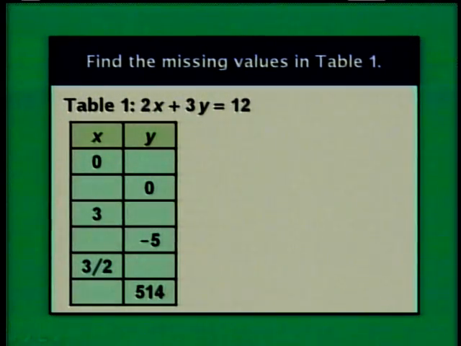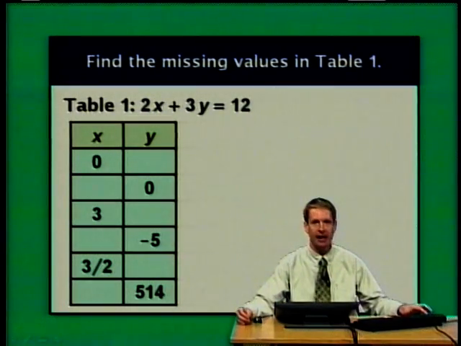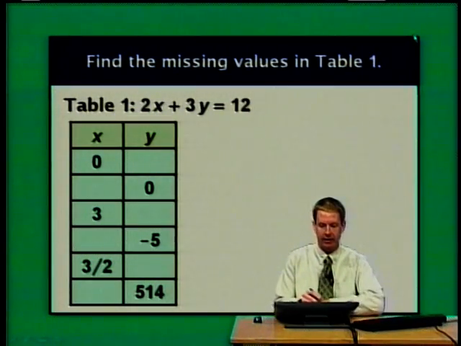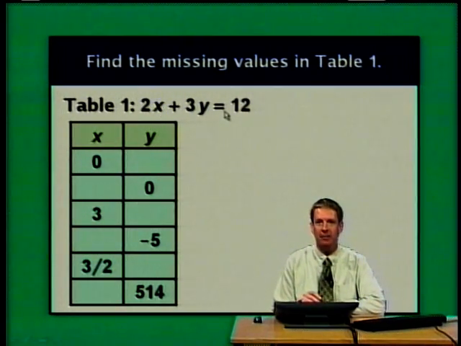Let's find the missing values in Table 1. So let's notice that in Table 1, we are given an equation. We're given the equation 2x plus 3y equals 12. And somebody's gone ahead and typed in some values for x in some rows and for y in other rows.